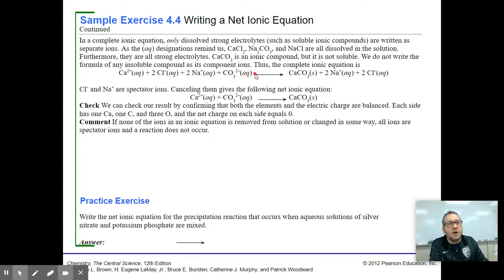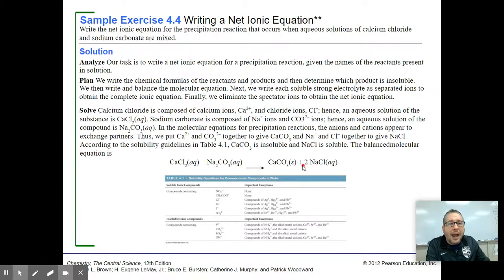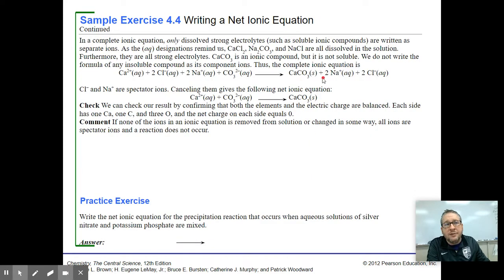It has a 2- charge. On the product side, again, calcium carbonate. It is a solid. It cannot dissociate, so it remains as CaCO3. And then sodium chloride has the coefficient of 2, so that coefficient of 2 gets applied to both the sodium and the chlorine on the product side.